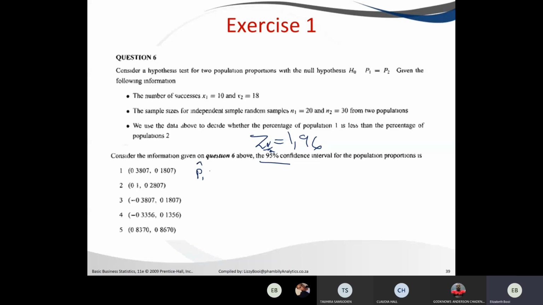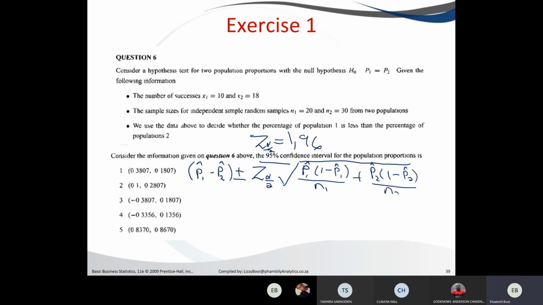So this is P1 minus P2, plus or minus Z alpha divided by 2, times the square root of the sample proportion for 1 times 1 minus the sample proportion for 1, divided by N1, plus the sample proportion for 2 times 1 minus the sample proportion for 2, divided by N2.